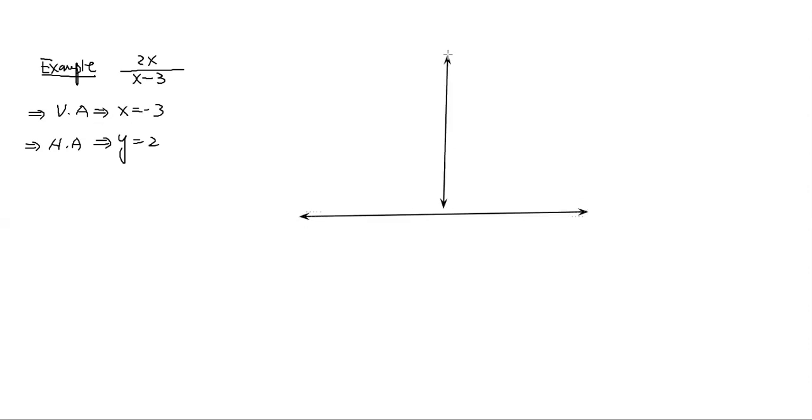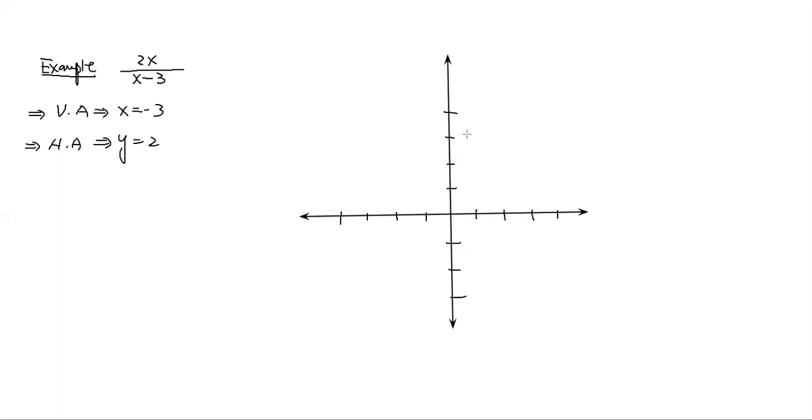Hope that I can do a good job. Okay, not bad, right? So this is 1, 2, 3, 4, and 1, 2, 3. First we know the vertical asymptote is at x equal to 3, so let's draw an asymptote here.